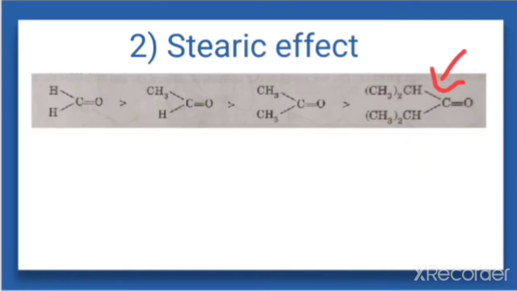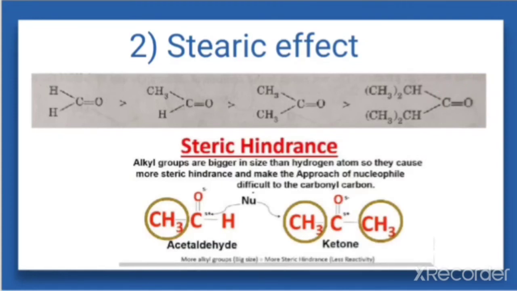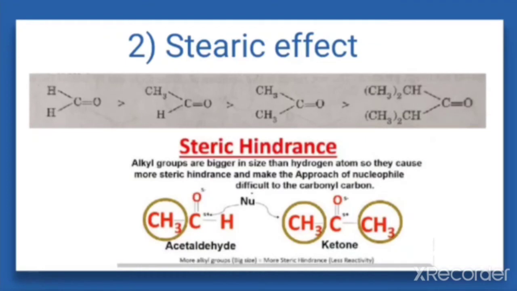So this hindrance is called steric hindrance. The alkyl groups are bigger in size than the hydrogen atom, so they cause more steric hindrance and make the approach of nucleophile difficult to the carbonyl group.